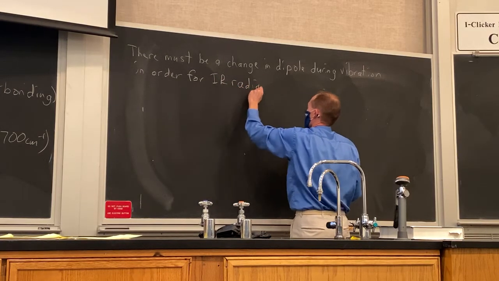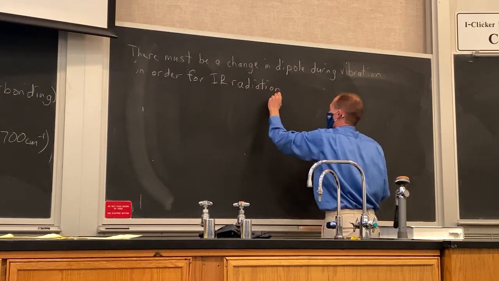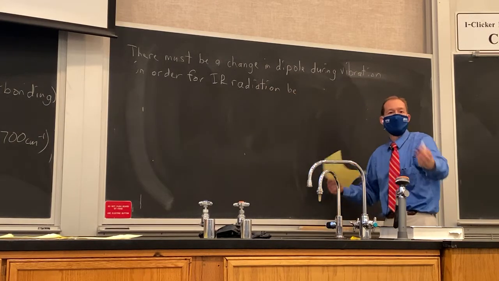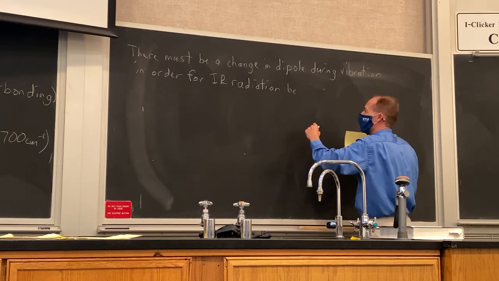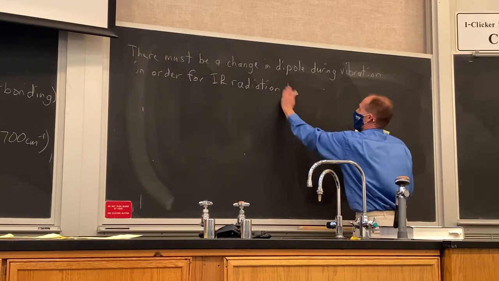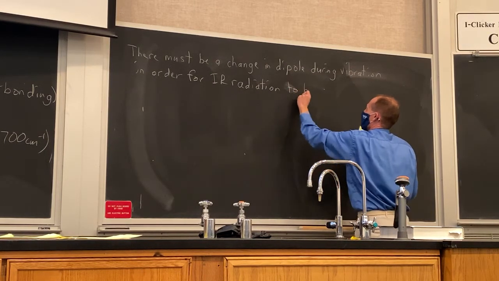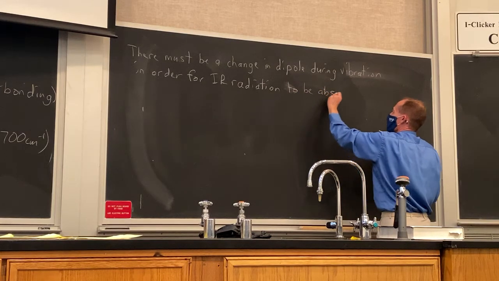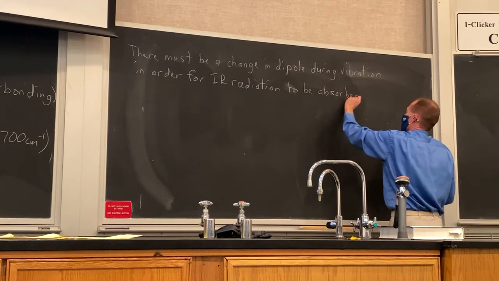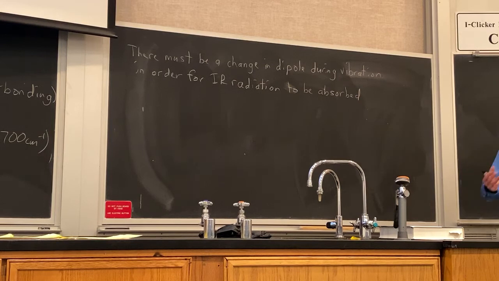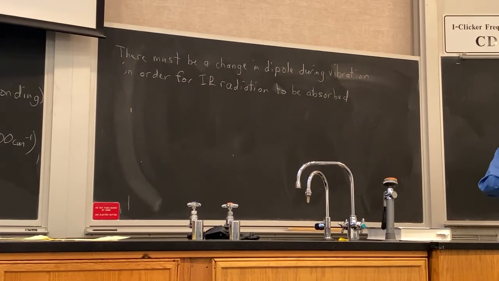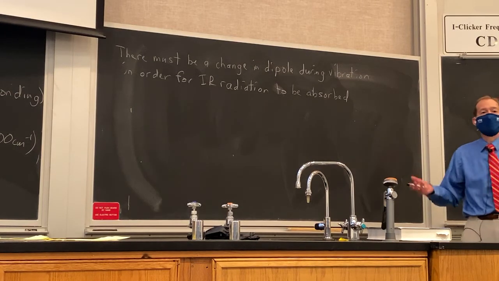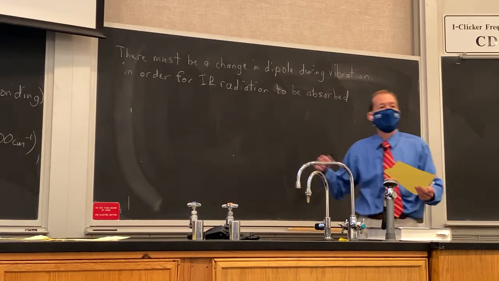Okay? The reasoning behind this lies in some physical chemistry theory that it's been too long since I learned it, so I can't really explain it. But there are consequences of this principle in IR spectroscopy. So there must be a change in dipole as that bond is vibrating, stretching, or bending in order for IR radiation to be absorbed and a peak to be seen.